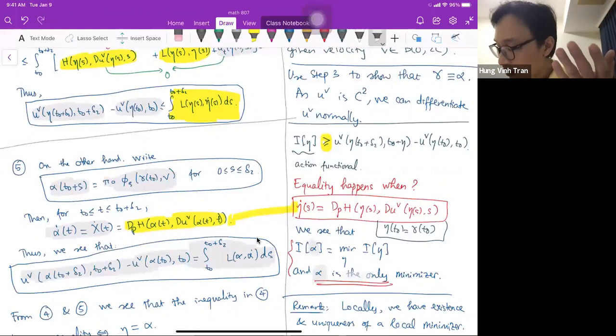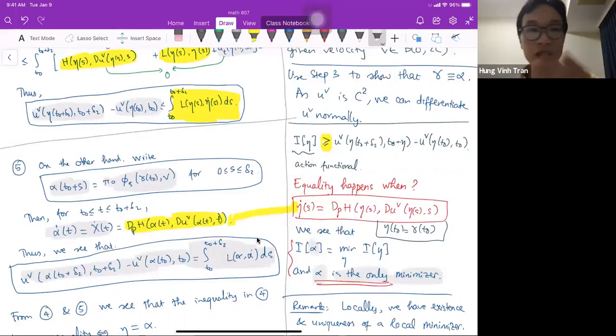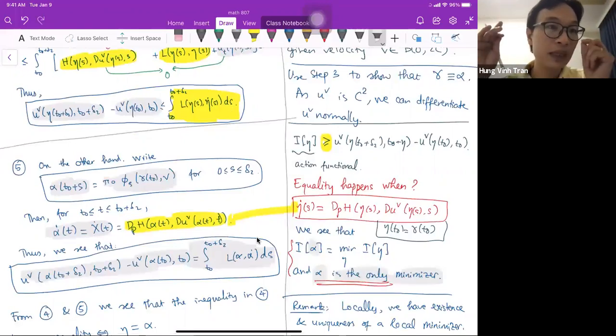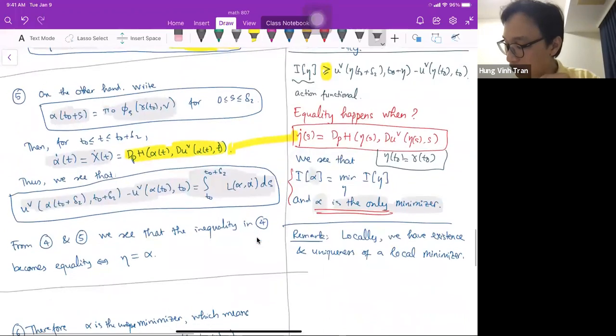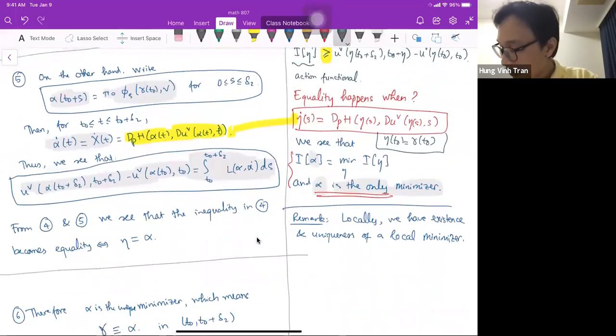But moreover, through the duality inequality, we have that alpha is the only minimizer. And once alpha is the only minimizer, this allows us to conclude that eta equals alpha on the interval from, say, t naught to t naught plus delta 2. Okay, so this is remarkable.